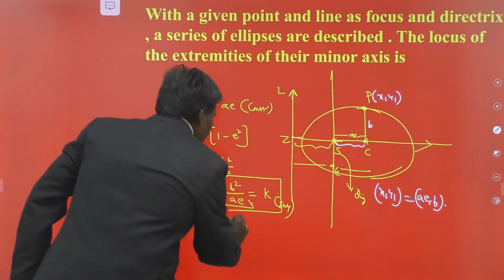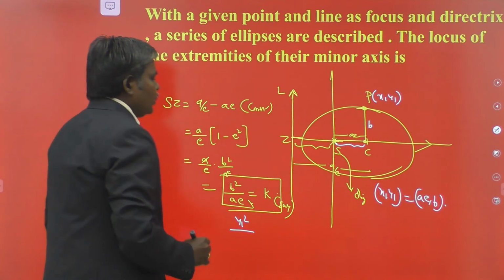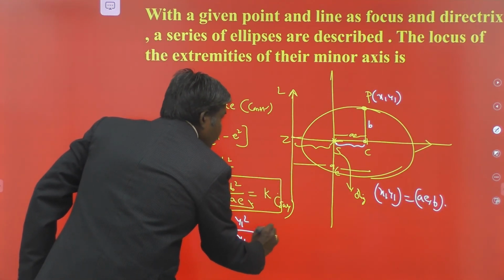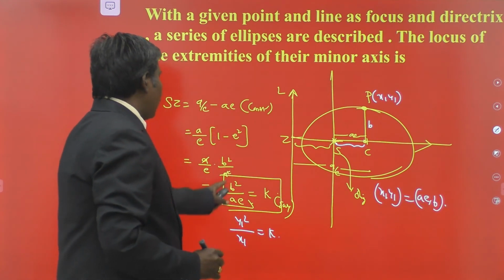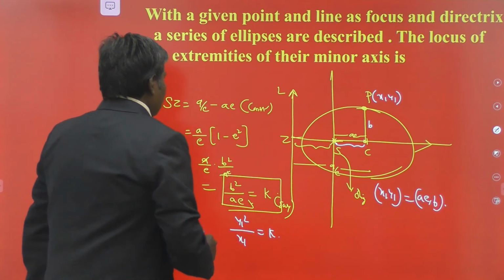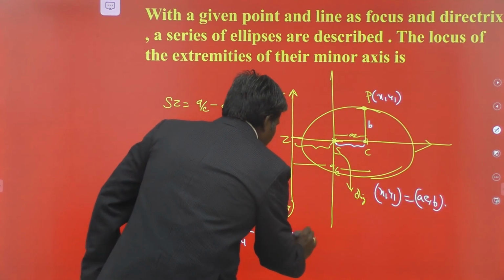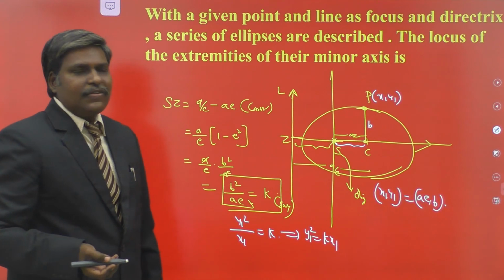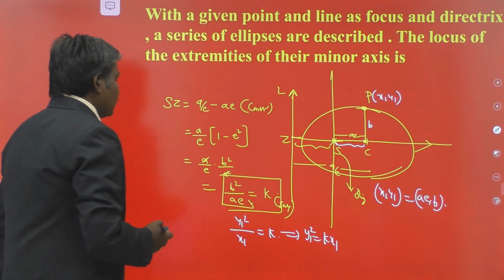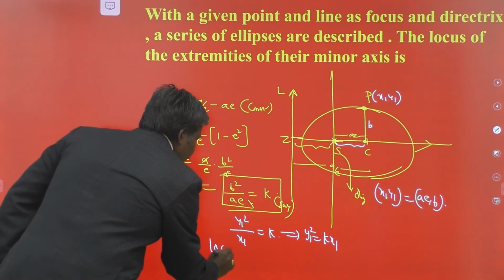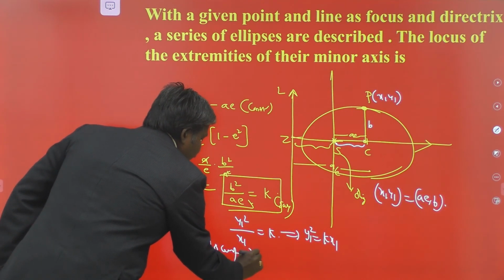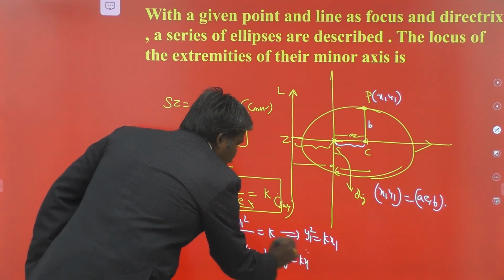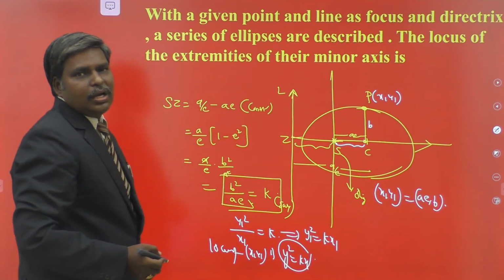Y1 square by AE is X1, which is equal to K. So we have y1 square is equal to Kx1. So can you write the locus of x1, y1 or not? Yes, it is easy to write. Locus of x1, y1 is y square is equal to Kx. All of you know that it is a parabola.